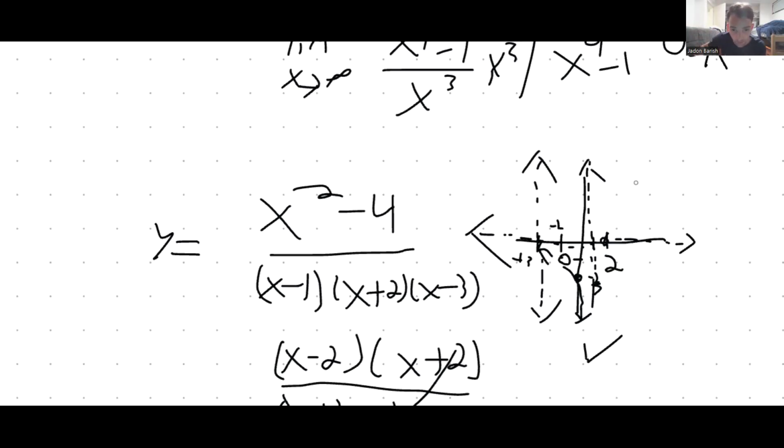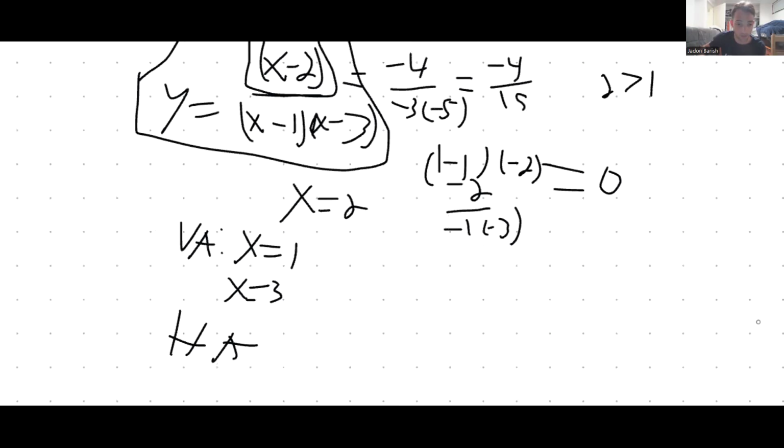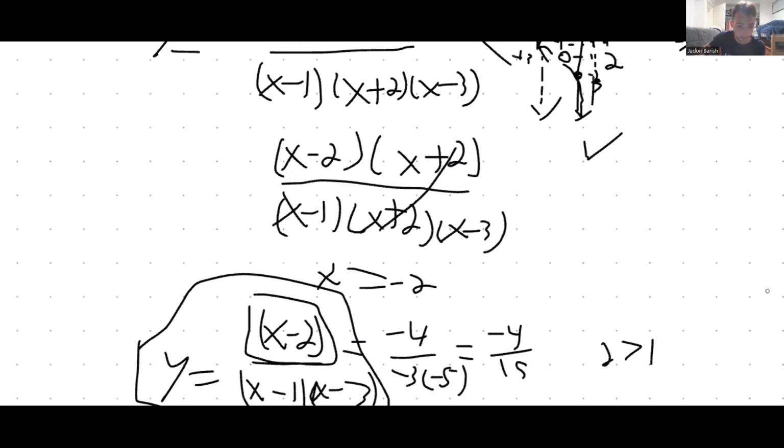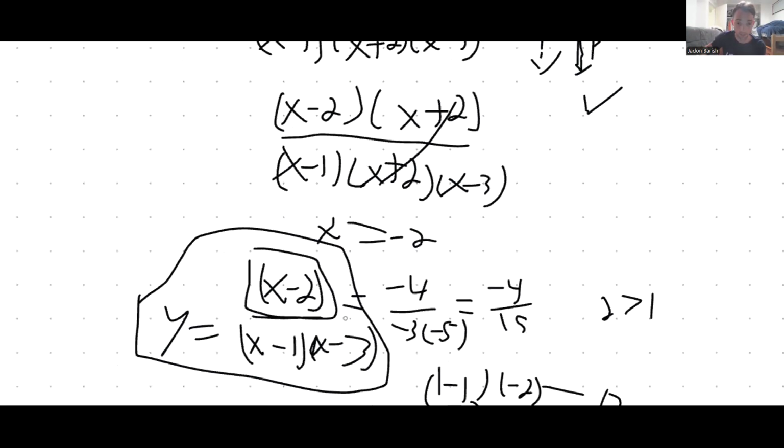It's coasting, you can think of. Now, how do you figure this out? You have to plug in values. That's kind of what's annoying about this: you have to plug in values to figure out what's going on. Like if I plugged in 100, this is going to be a positive number, which is good to know because that means we're going to be above it when we get bigger. That's the important part. So this is going to be like here.